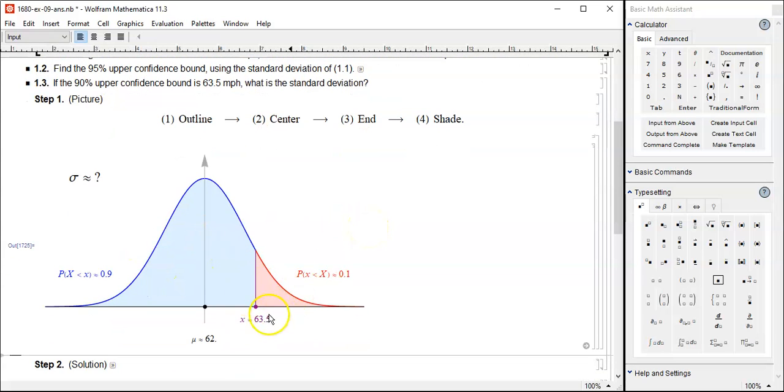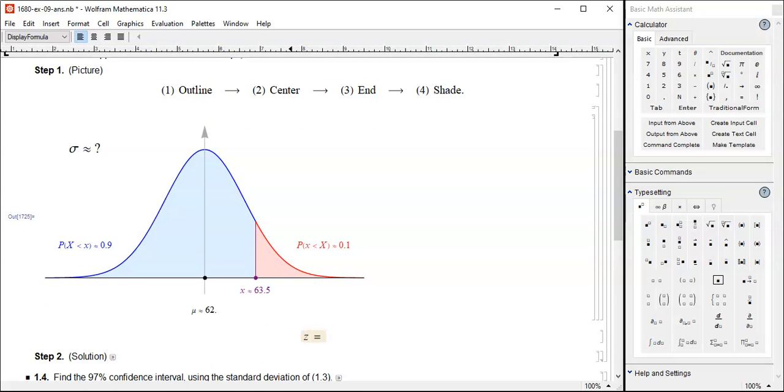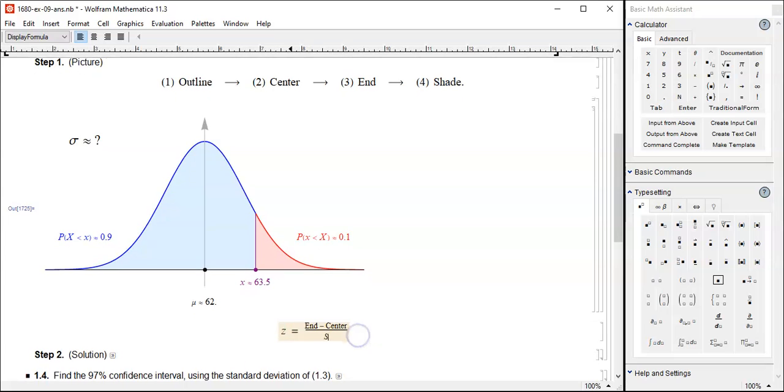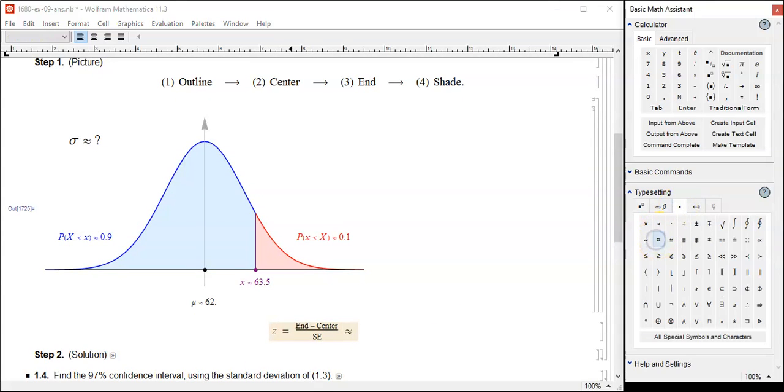Okay, and that happens to be 63.5, and from this, can you find a standard deviation? Well, z-score is n minus center over SE. But then again, what is this? Let's take bigger font.